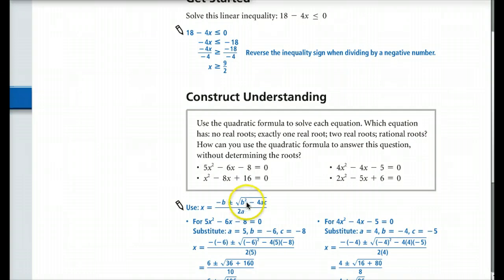If b squared minus 4ac, which is called the discriminant, is greater than 0, you can imagine that the plus minus the radical should be a real number, and then we should have two solutions, right?